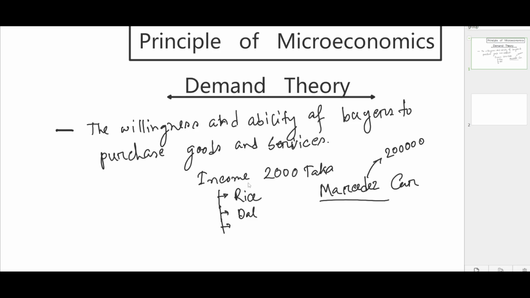That's why I can demand rice and dal, but I cannot demand the Mercedes car with the help of this income.